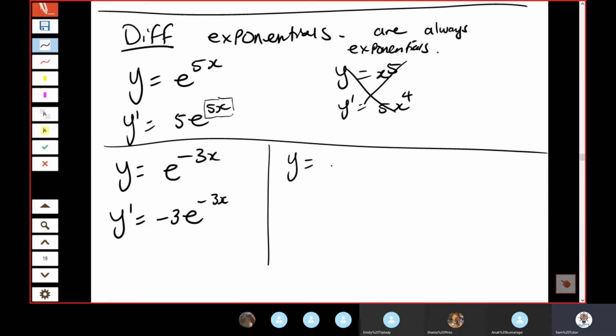Y equals e to the power of x squared. Who wants to try that? Y dash equals 2 e to the x squared. Oh, close. You said 2 e to the x squared. What's the derivative of x squared? 2x. Yeah. So it should be 2x e to the x squared.